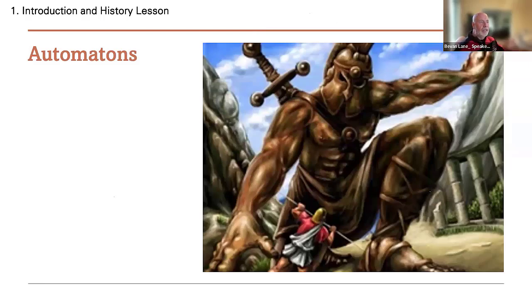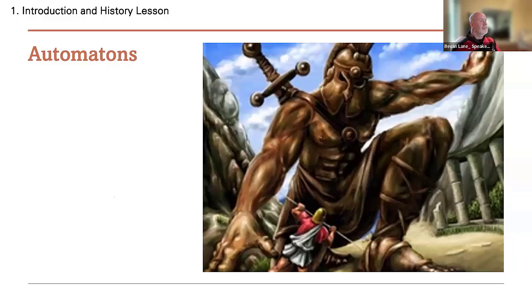Okay, and if you look there, there's an example: massive constructs designed in order to fight, if you go back to the Greeks. So it's actually very interesting that already in those days, philosophers were thinking of things like artificial intelligence. How do I create something which can replicate human behavior? When I was reading about this 2 or 3 days ago, I thought, wow, that is mind-blowing, to think how long ago we were already doing this. I don't know about prehistoric times, but we're talking about BC here.